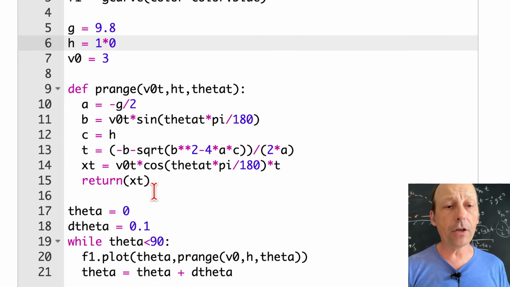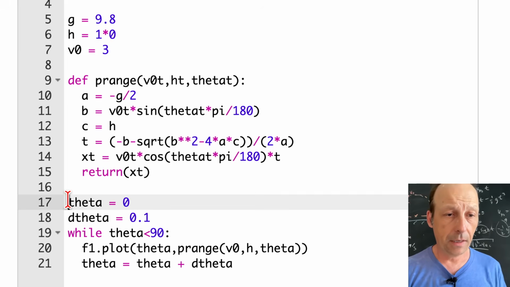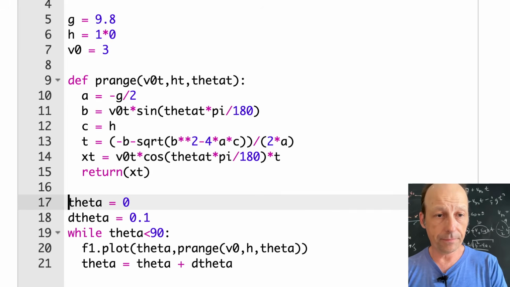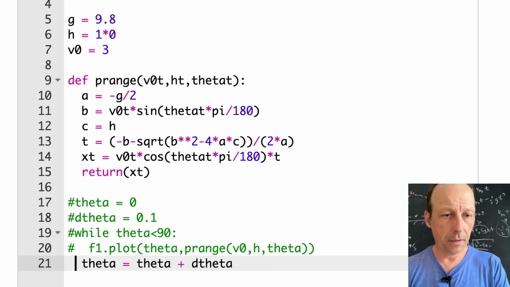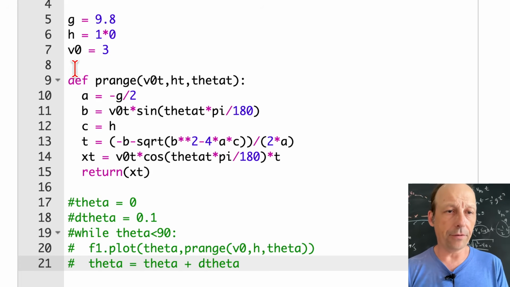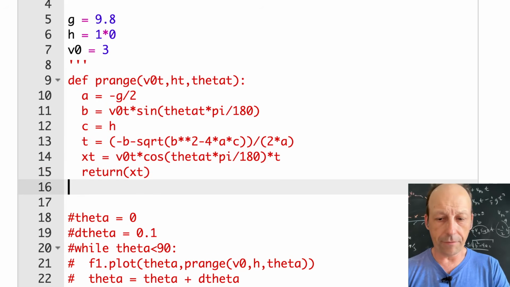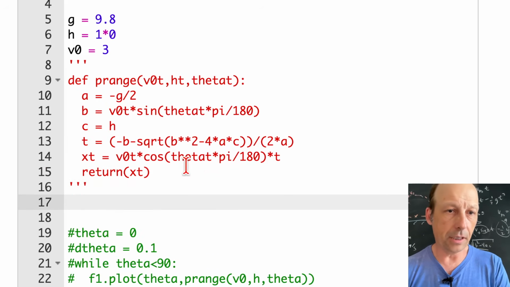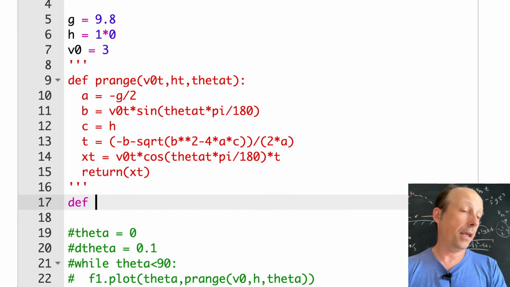Okay, we need to make a new function here. So let's comment out all this stuff. There's another way to comment, and I'll comment out all this stuff. I don't want that function. I don't want to look at it. It's just there. Okay. So I'm going to make a new function called def m theta.